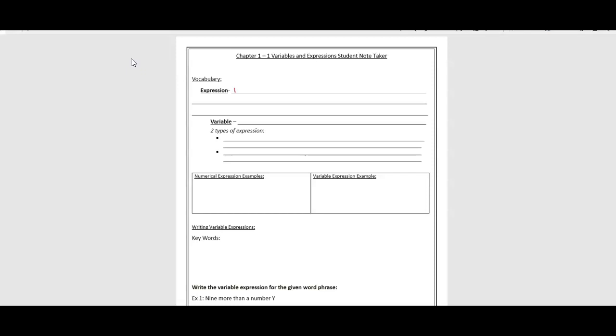An expression is a mathematical phrase that contains operations, numbers, and/or variables.